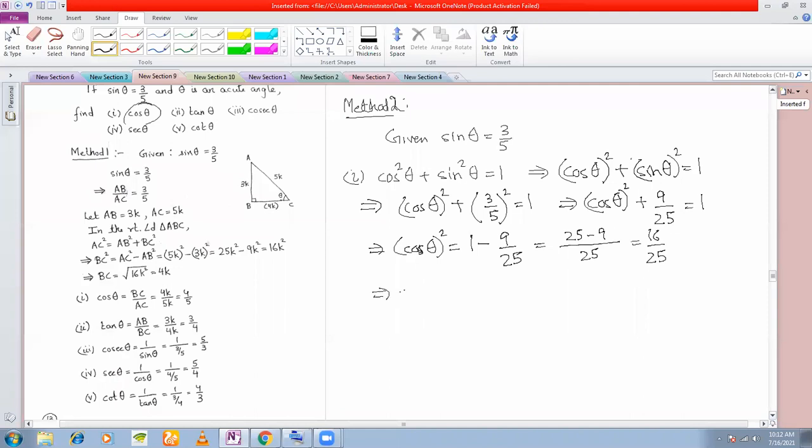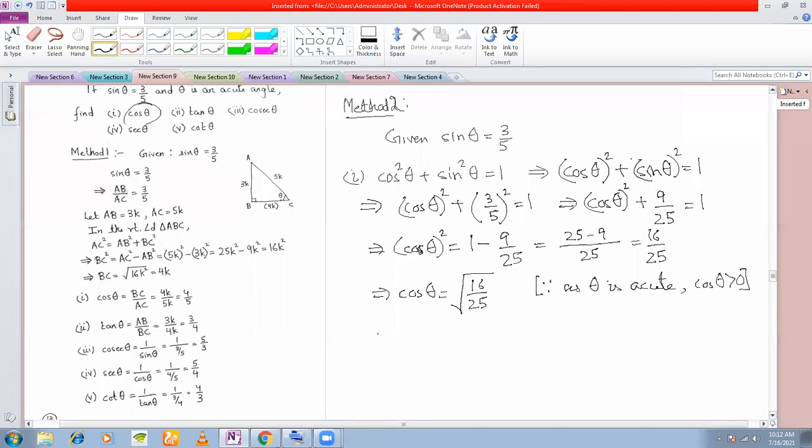That means what is cos theta? It is equal to square root of this. We take the positive sign only. Why? Because as theta is acute, right? In a triangle, we take all the angles between 0 and 90 degrees, right? So as theta is acute, cos theta must be positive.